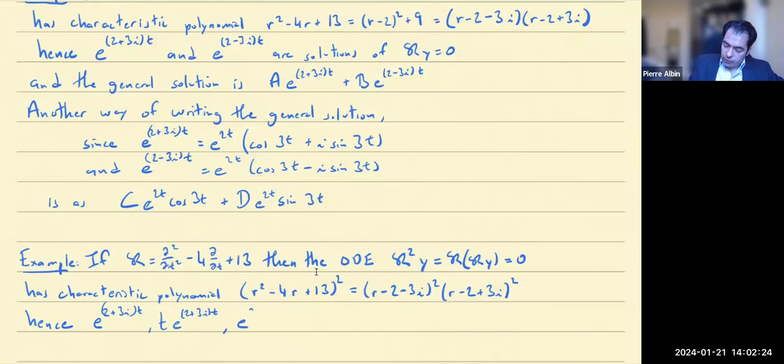Then also e to the 2 minus 3i t, and t times e to the 2 minus 3i t. These are solutions of R squared y equal to 0.